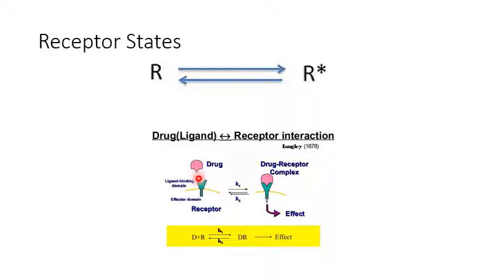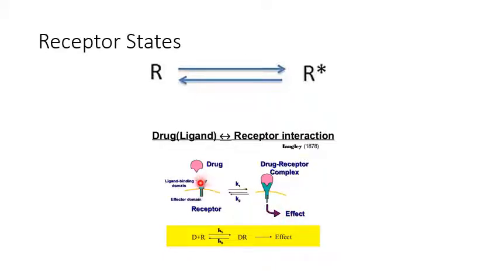So when a drug, which is an agonist, is bound to the pocket or the space available in the receptor for binding, which we call the ligand binding domain or space, this will cause a conformational change in the receptor, leading to the formation of the drug-receptor complex and conversion of the receptor to the active state, which will produce a biological effect.